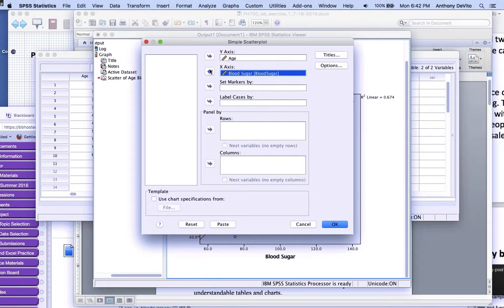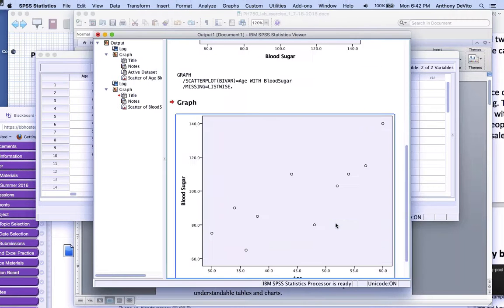Now this time I'm going to rearrange them, put them this direction. I'm going to say age is my x-axis, or my independent variable. X-axis is independent. Y-axis is my dependent variable. When we get to the next step, regression, it's going to make a difference, right? So that's the way I'm going to do it this time. In fact, that's probably a good idea to do all the time, but I was just demonstrating it doesn't really matter.